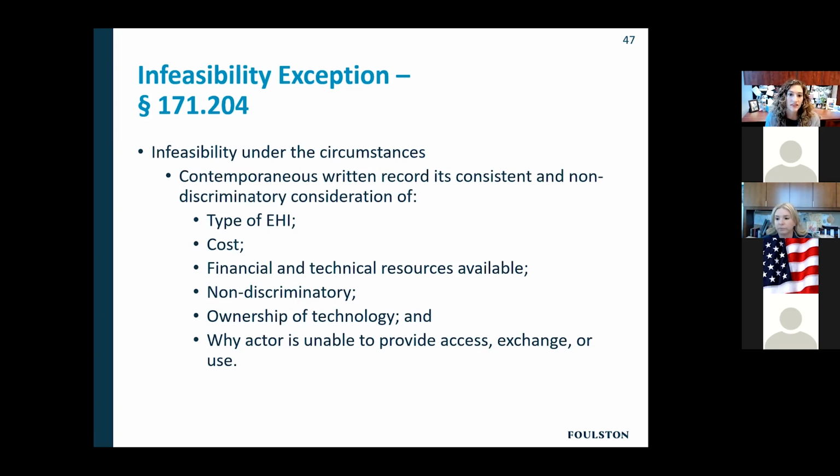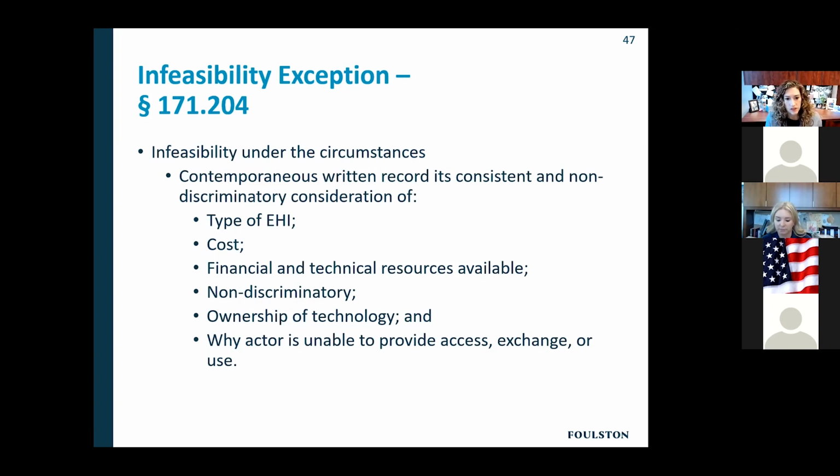And you're going to want to give consideration to the type of electronic health information requested, the cost of providing that electronic health information. To the extent that it's difficult to export or something like that, you may be able to invoke it under those. Your financial and technological resources available. If it's an old EMR system that you don't have great export abilities to, that could be an option as well.